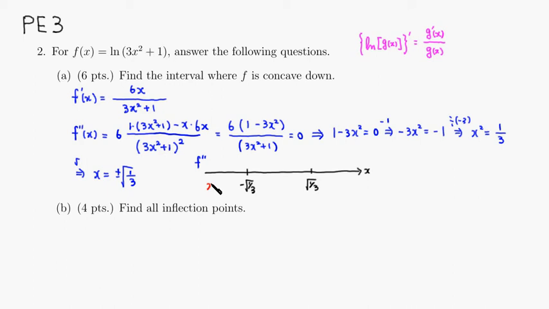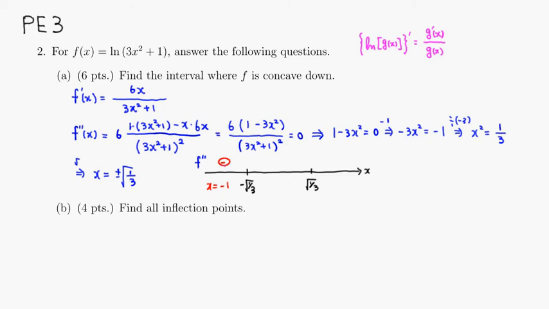I'll try negative 1. If you put negative 1 into this guy, negative 1 minus 3 times negative 1 squared, so it's negative 2 on top, so that's negative. And actually I forgot the square there. The denominator is positive, so the whole thing will be negative there.